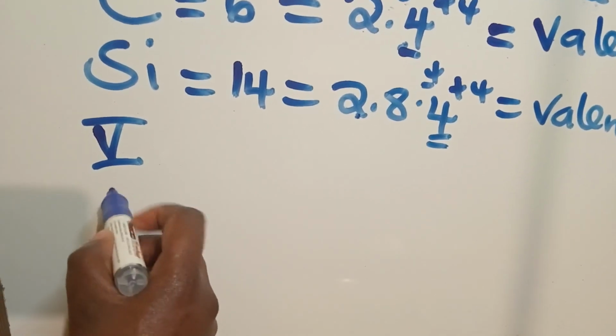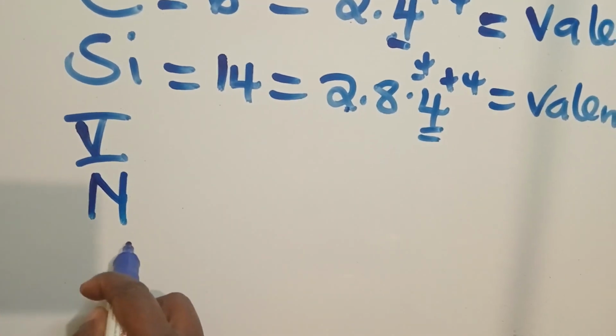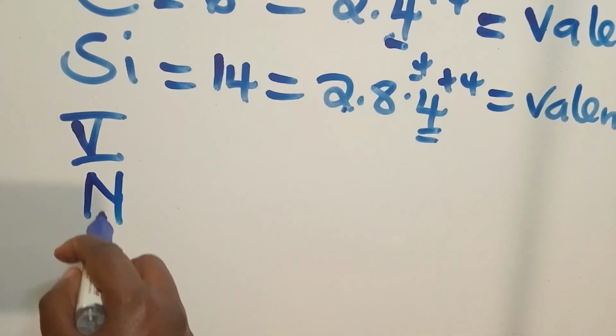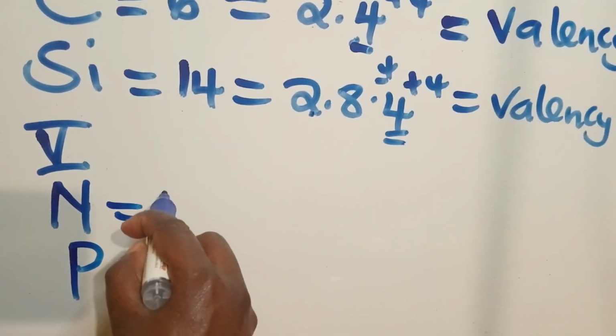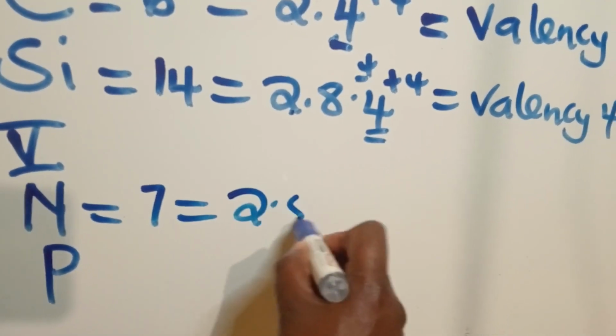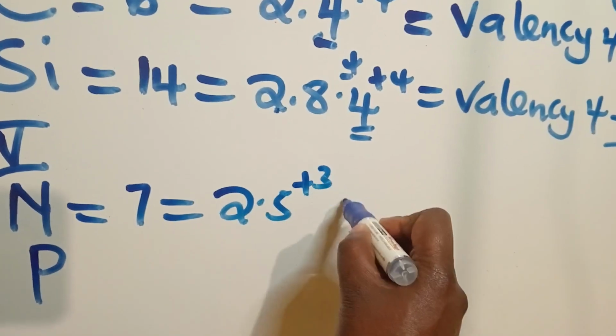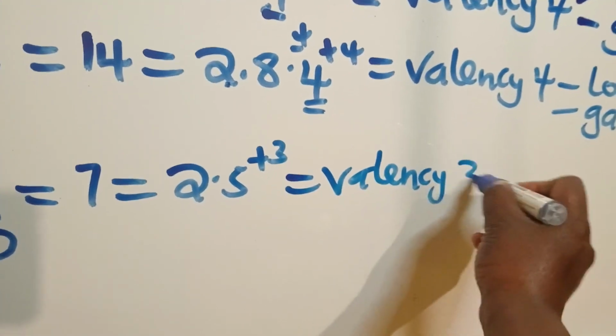So in this case, among the first 20 elements, we have two members of group 5. We have both nitrogen and phosphorus. Nitrogen, which has atomic number 7, electronic arrangement 2.5, can gain 3 and so end up with a valency 3.